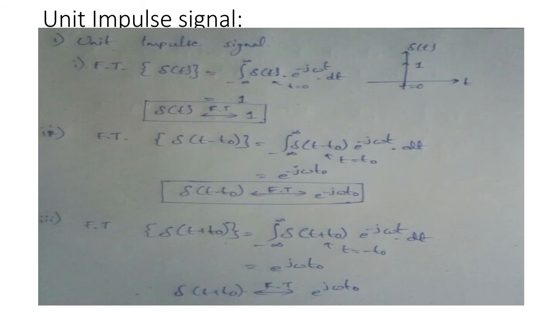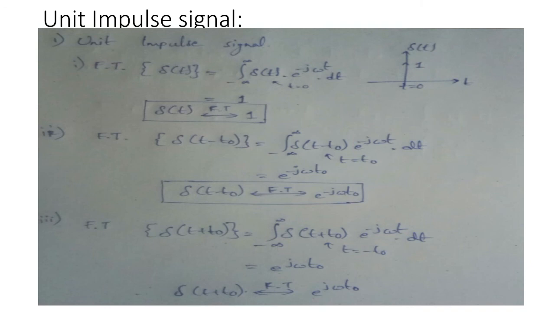The Fourier transform of del of t minus t naught is the integral from minus infinity to infinity of del of t minus t naught into e to the power of minus j omega t into dt. Here, if we consider t equal to t naught, according to the unit impulse property, we get e to the power of minus j omega t naught.